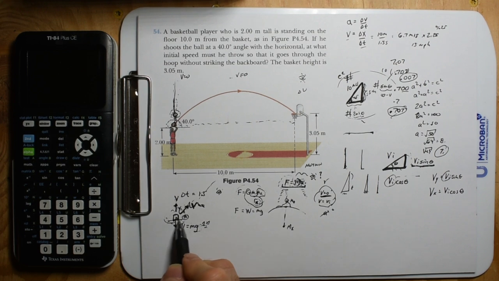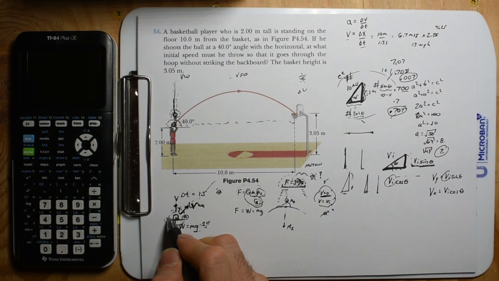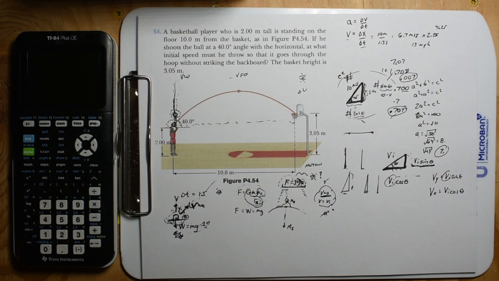Usually the normal force, because it's attached to the basketball player's hands, or it's on the basketball court, but in this case we don't. We have total air around this basketball. So we're done with the forces. That is the only force on here.